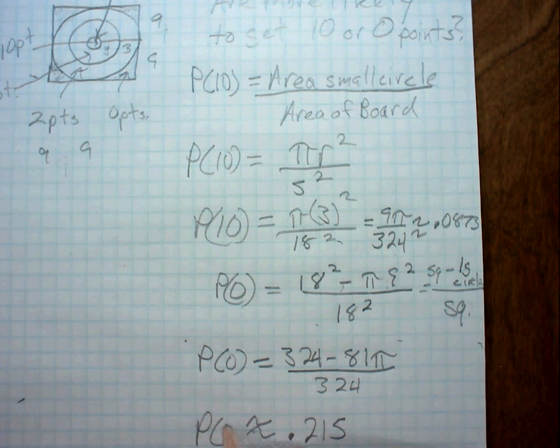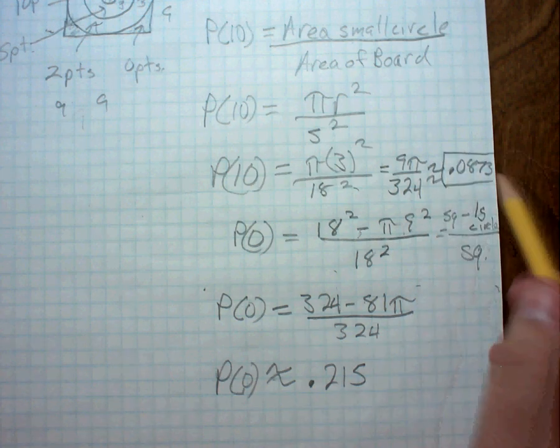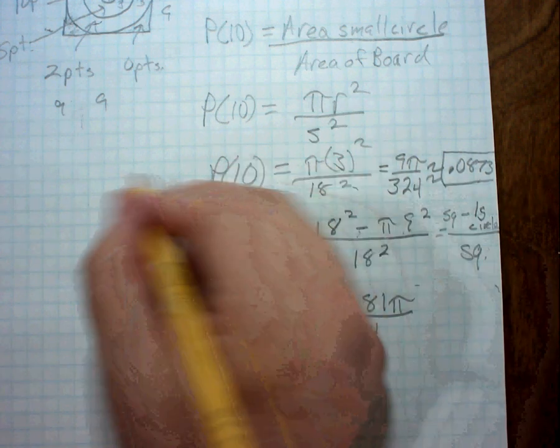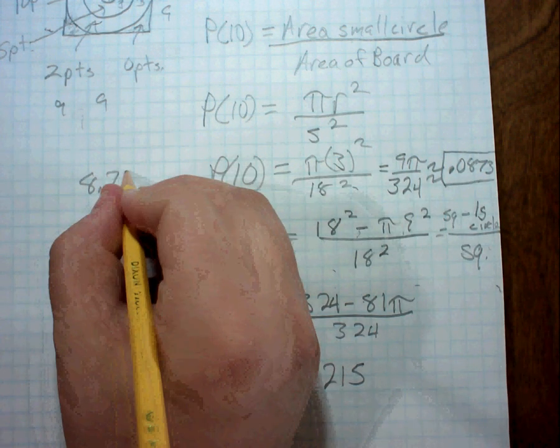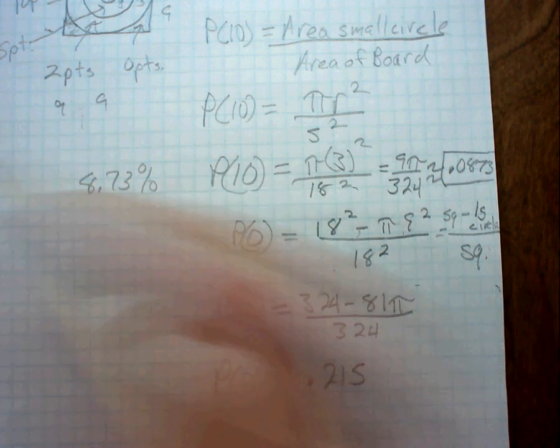So what are you more likely to get? Well, this is 0.08. In other words, I throw a dart, I have an 8.73% chance of getting 10.